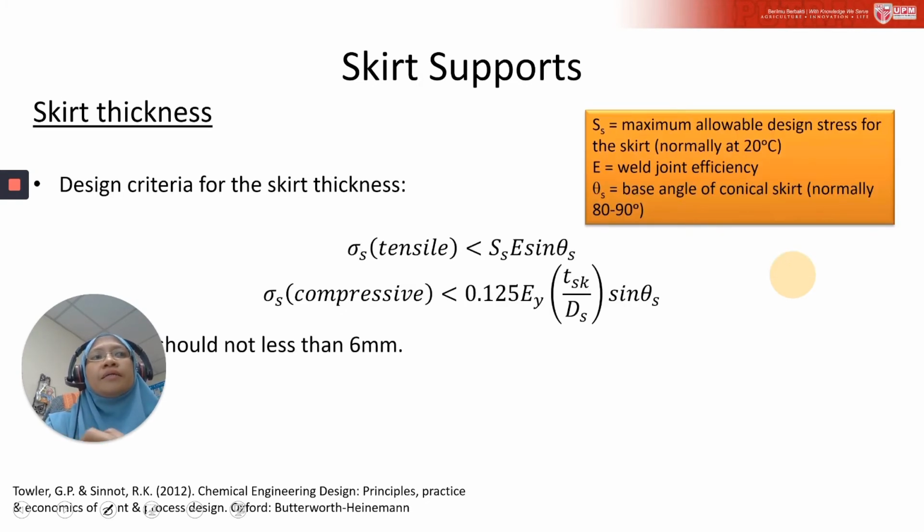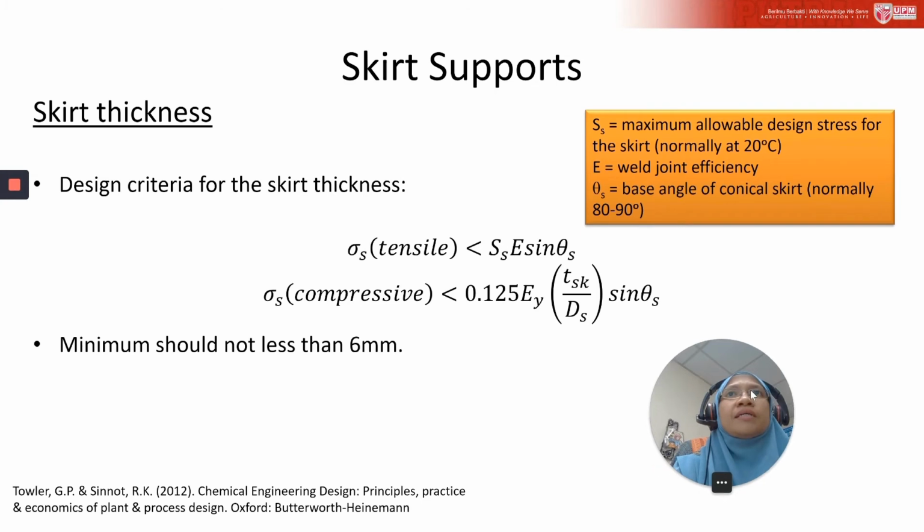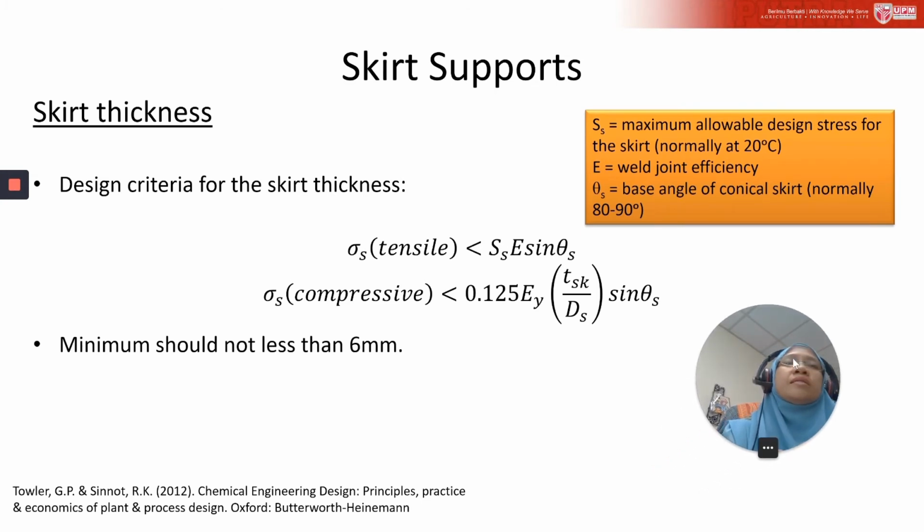And then the design criteria for the skirt thickness: the skirt thickness should be such that under the worst combination of wind and dead weight loading, this is the criteria, in order to ensure that we follow the design criteria.